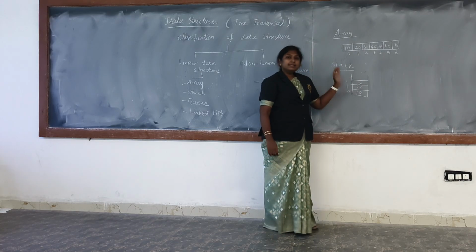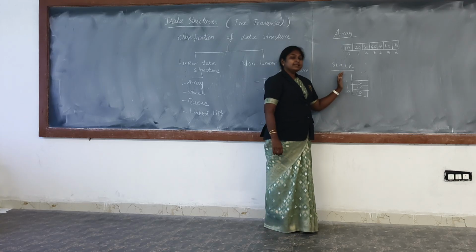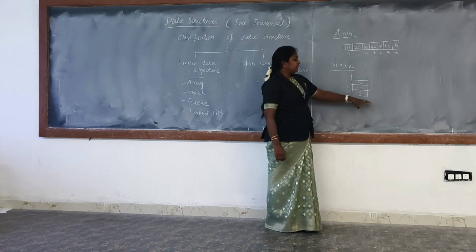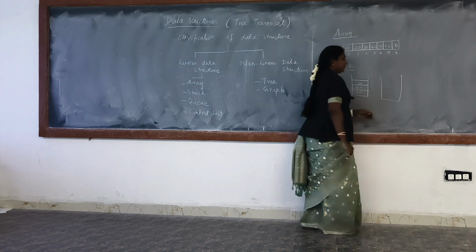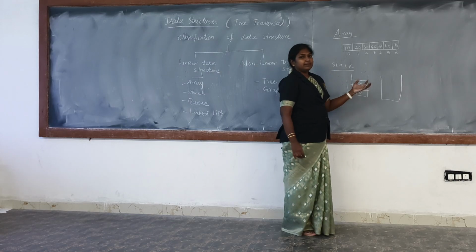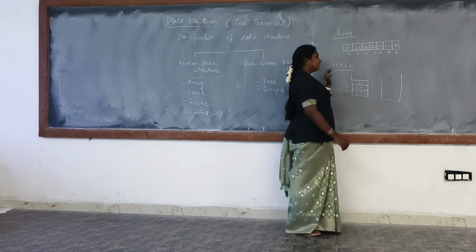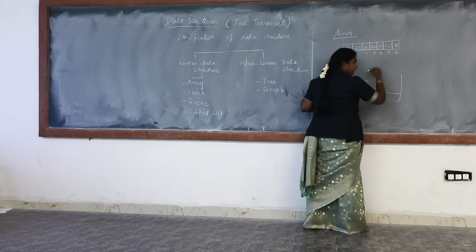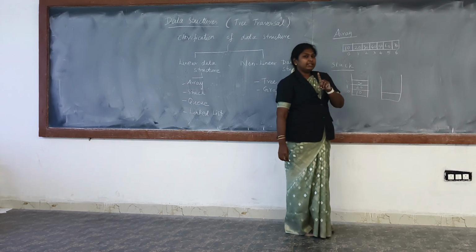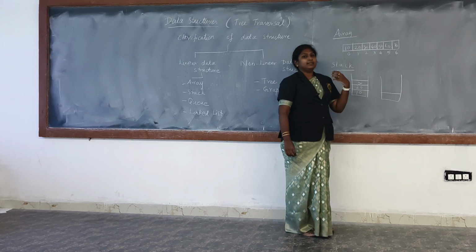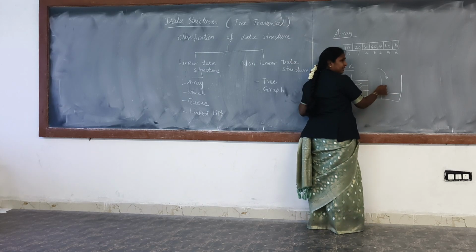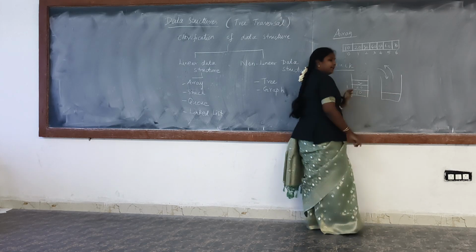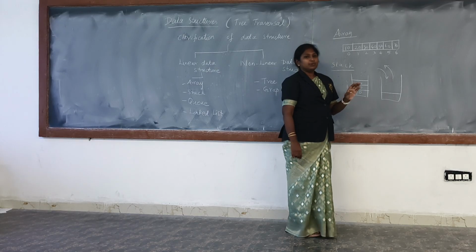There is a concept under stack: there are some operations, so you can insert elements inside the stack at one end and you can delete elements at the same end. I insert from this end and I have to delete at the same end. So that is the concept of stack.